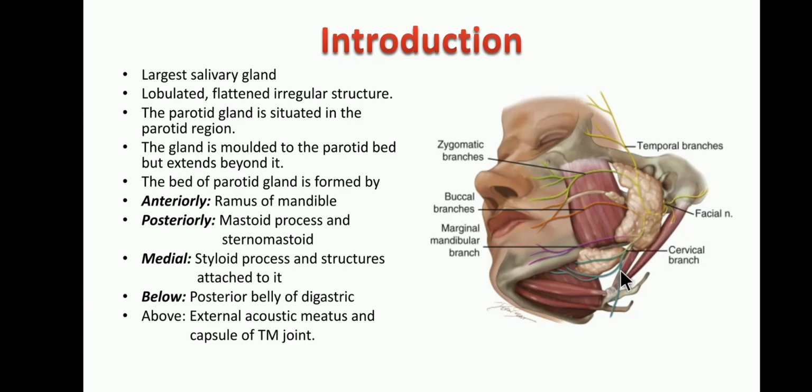The apex might extend downwards into the upper part of the neck, into the carotid triangle. What I mean to say is it is not strictly confined, but there are extensions. Apart from this, there are also various processes of the gland which extend beyond the limit of the parotid bed or the parotid region.